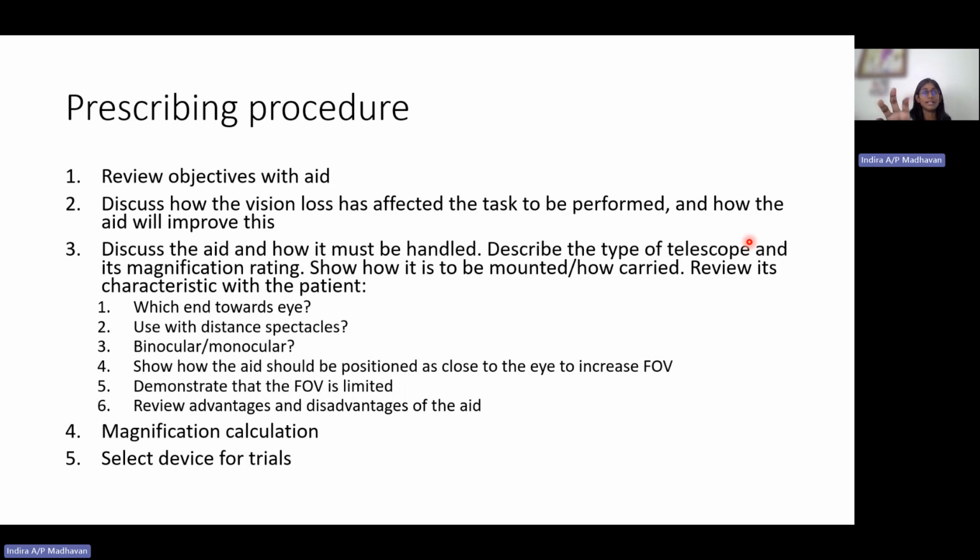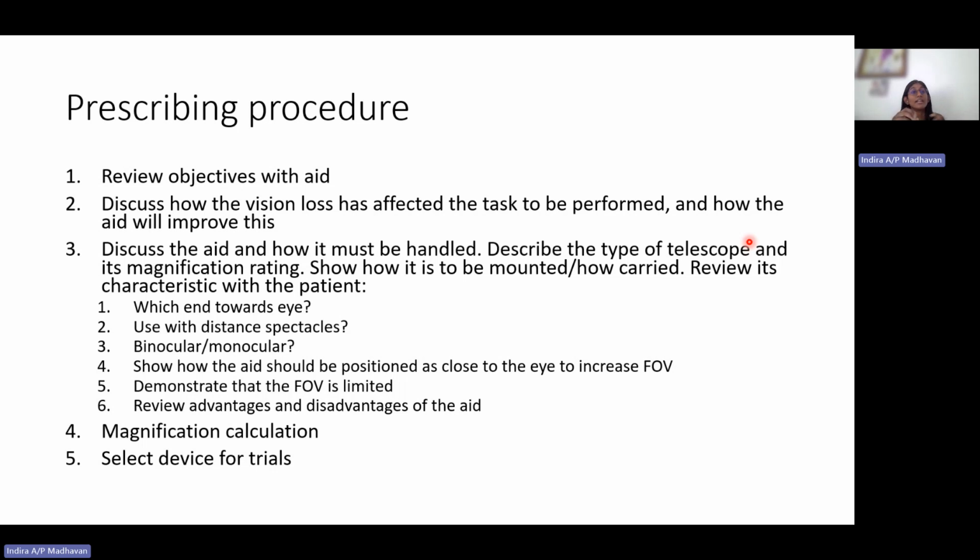And then calculate the magnification based on the one activity, because one telescope only has one magnification, which is applicable for only one activity. If you get it for watching television, and with the telescope they can achieve VA of 6/18, yes, they can continue watching television. But if they want to bring it to school to look at the whiteboard, definitely that doesn't work.